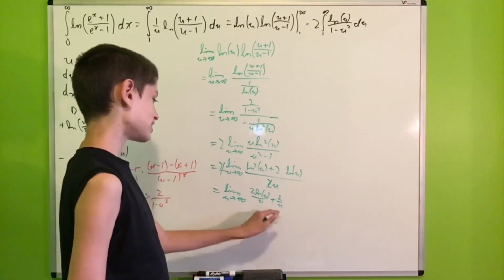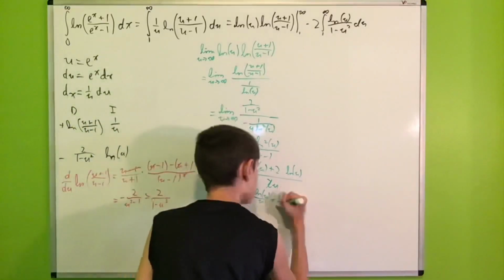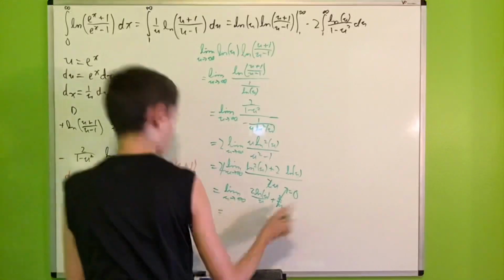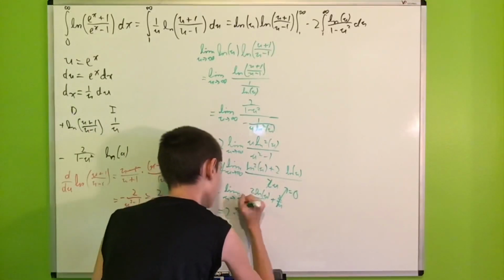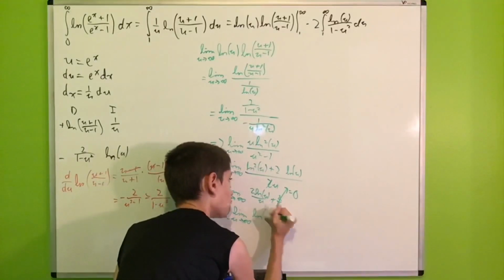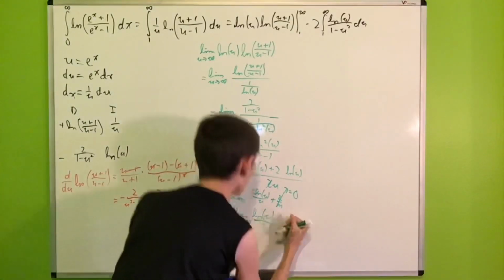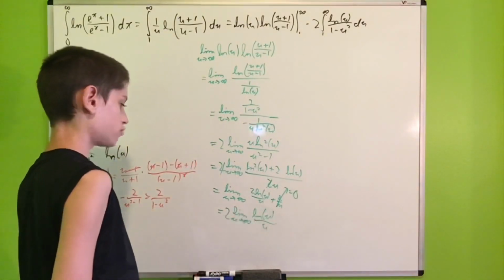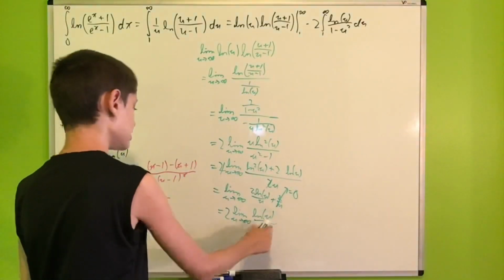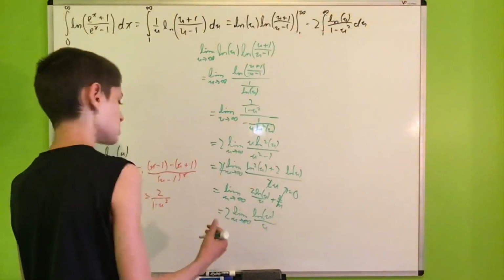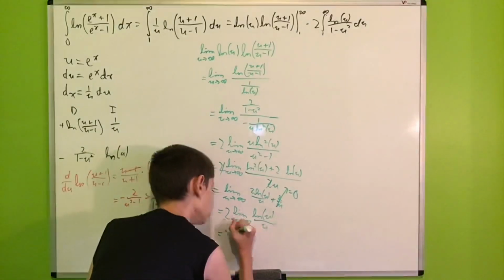And now, as u goes to infinity, 2 over u goes to 0. So we are just left with a factor of 2, so 2 times the limit as u goes to infinity of natural log of u over u. And now, natural log of u goes to infinity as u goes to infinity. Same thing for u, so we get infinity over infinity, which means we can yet again use L'Hopital's rule.